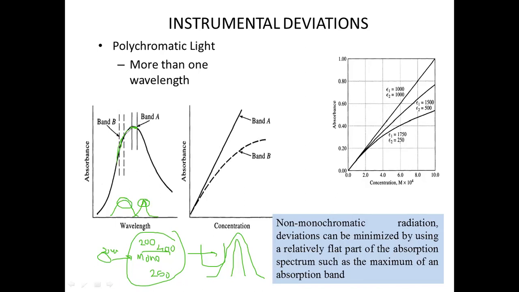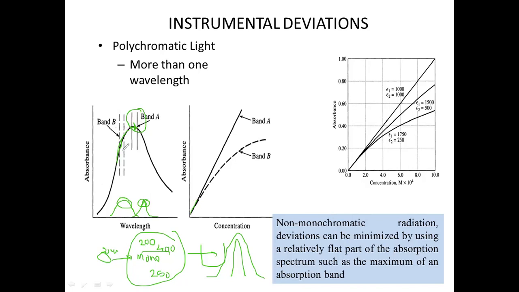If you have non-monochromatic radiation, say you work here with band A, and you select some wavelength from this flatter portion, you will observe linearity. There would be a linear relationship between absorbance and concentration.